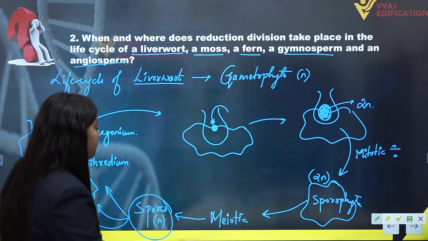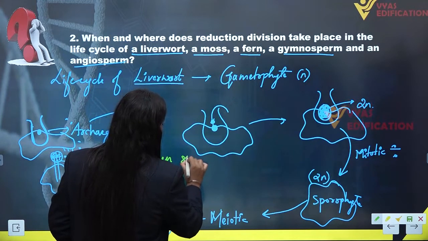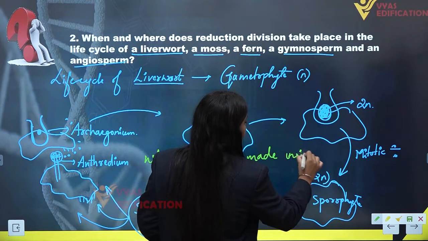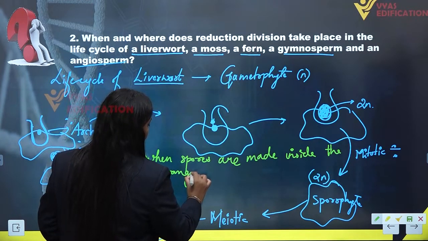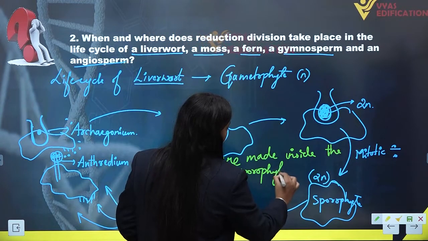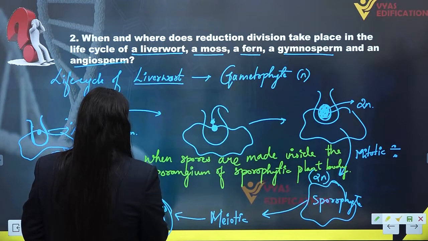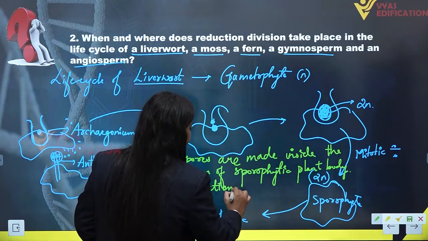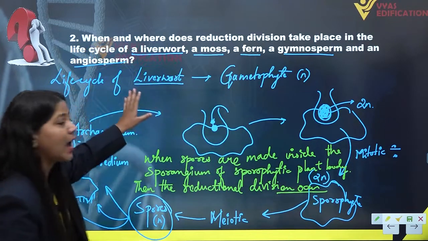We can write that when spores are made inside the sporangium of the sporophytic plant body, then the reductional division occurs. So we are done with the liverwort.